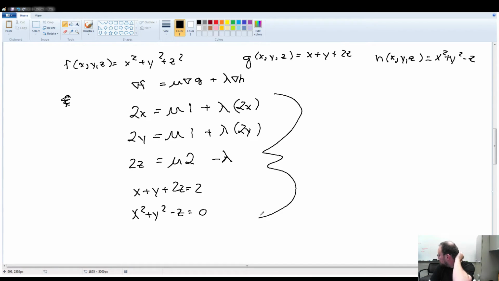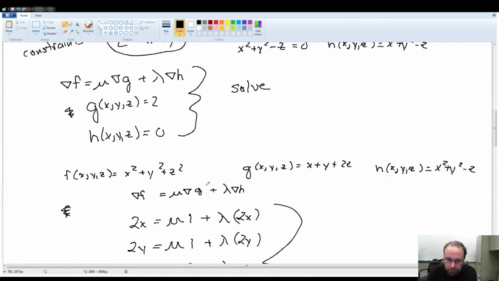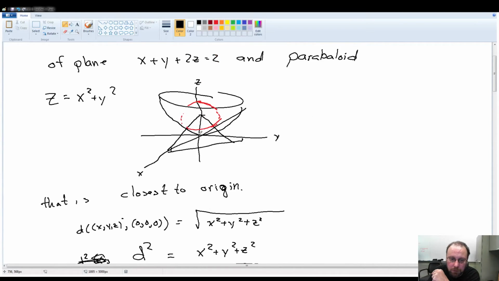Regarding the homework, if the instructions were to find the highest and the lowest point of that intersection of the two surfaces, then I think it's clear from the context that they mean the highest and the lowest z value. That intersection that we had over here was completely above the xy plane.